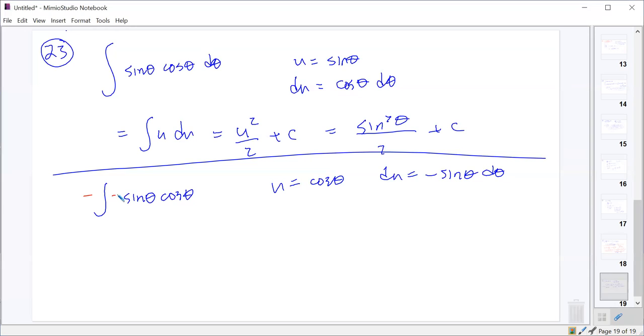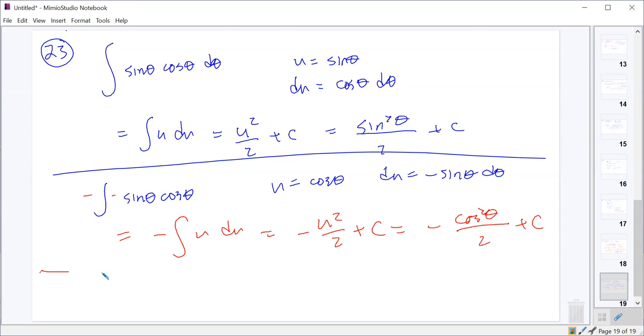We have to put in negatives, which would give us the opposite of the integral of u du, or negative u squared over 2 plus a constant, or negative, this time, cosine squared theta over 2 plus a constant, which again, is not one of our answer choices. We could use some Pythagorean identities to turn it into one of them, but we're not going to bother with that right now.